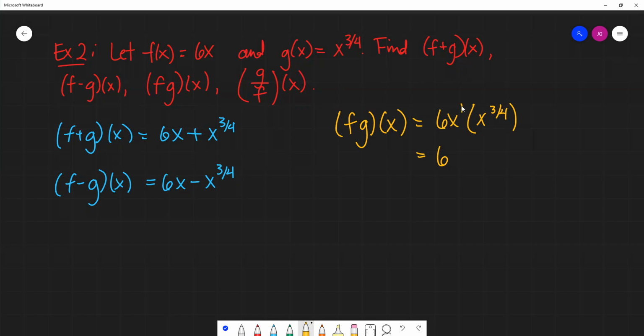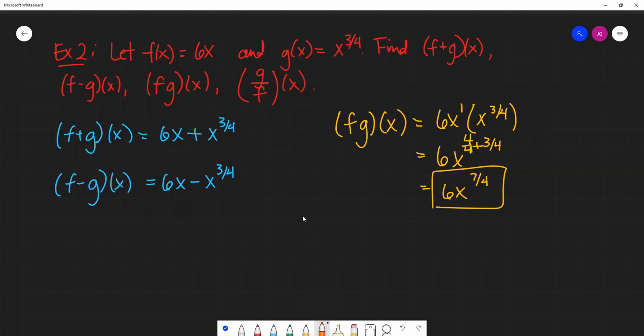This is to the 1st power, same base. So what can I do? I can add the exponents. This is 1 plus 3/4. I need a common denominator, so that's going to be 4/4 plus 3/4, that becomes 6x to the 7/4. Okay, so there's our multiplication function.